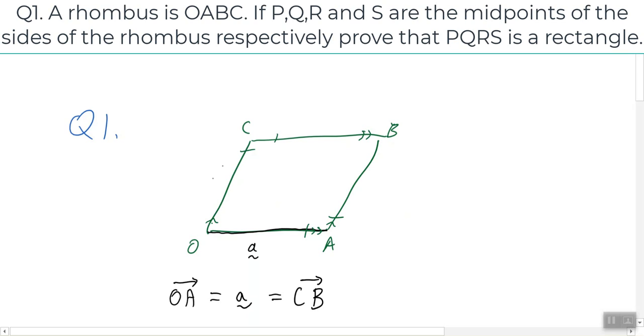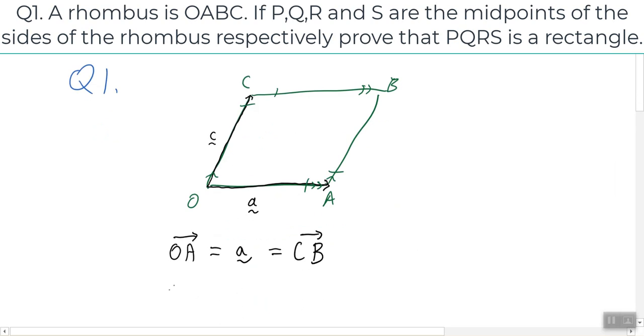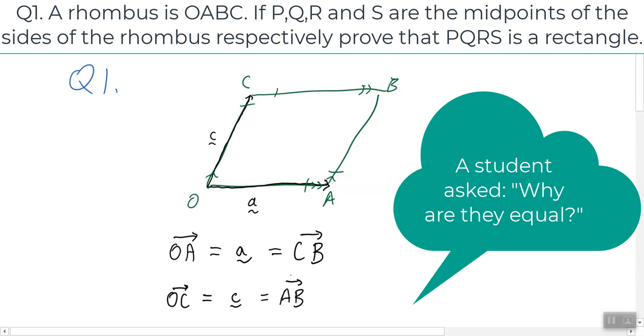We also have vector lowercase c, which goes from here to here. So vector OC is equal to lowercase c, which is equal to vector A to B. A vector is the same vector if it's the same length and the same direction.